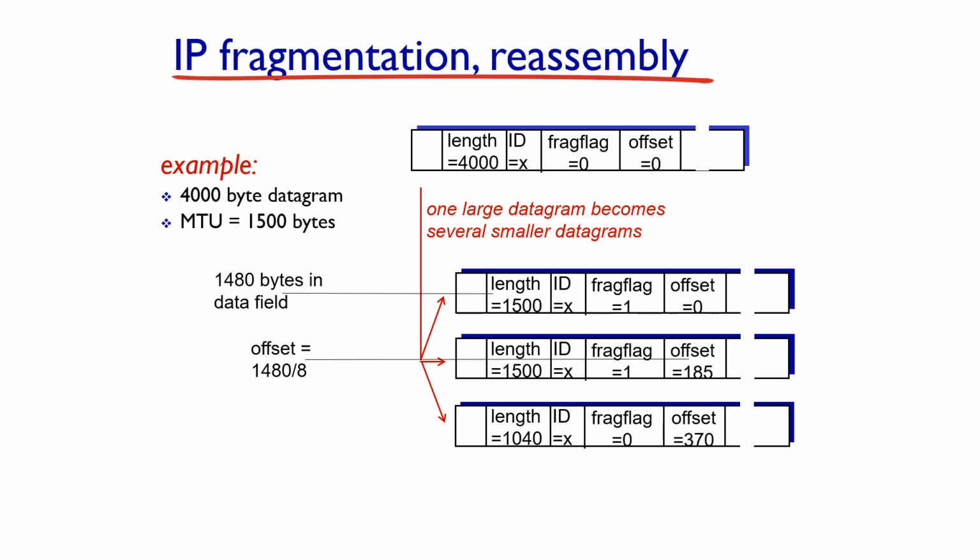Adding 185 again, we get the third fragment, that is 370 onwards. The starting value of each fragment is given in the offset field.